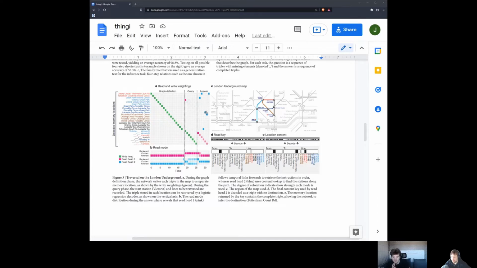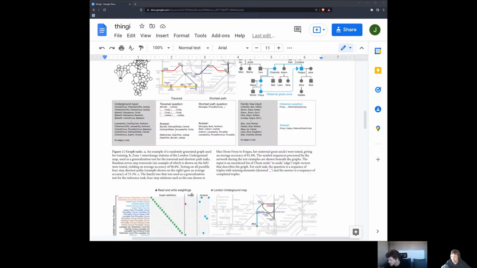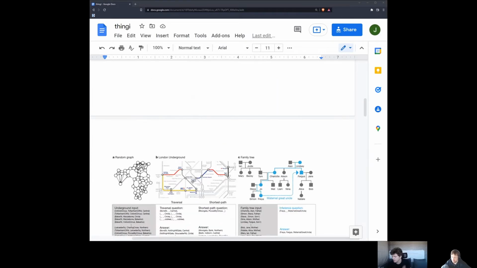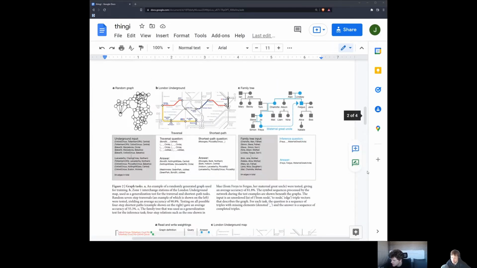Well, so let's describe the problem. Figure 2 is kind of the middle thing, but one of the problems they had, so we thought that there were more realistic problems.